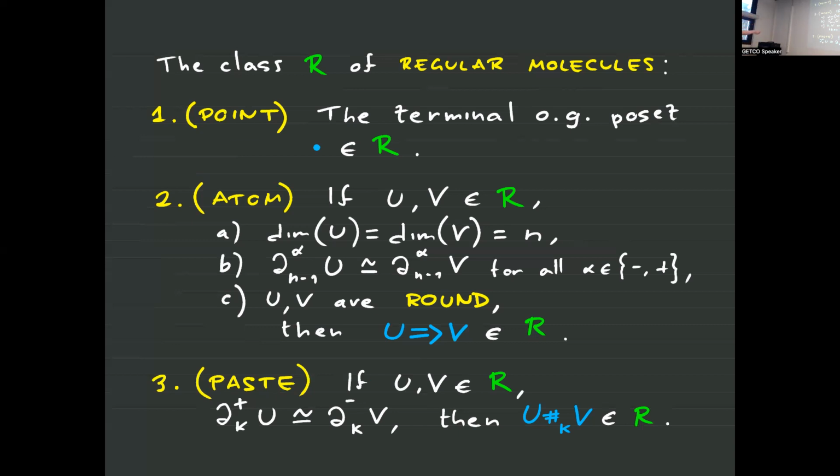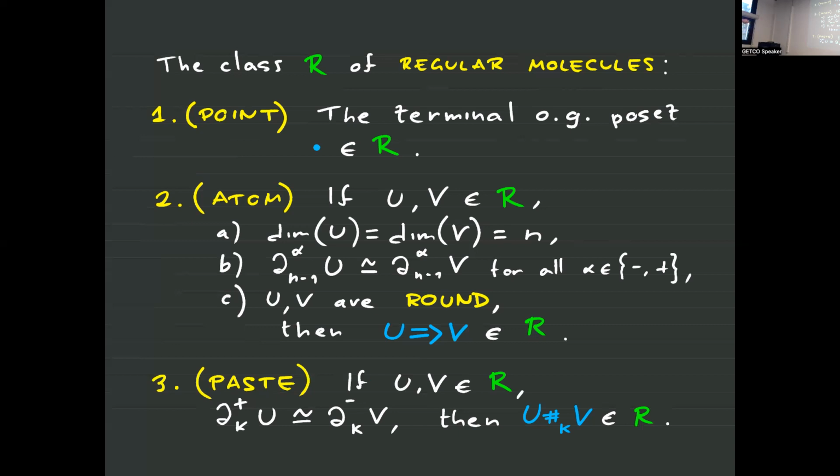So these are the three clauses. First of all, we say that the terminal oriented graded poset, which is just the one-element poset with no orientation data, is going to be a regular molecule. Then I was telling you about this recursive relation between balls, and that's given by this atom thing.